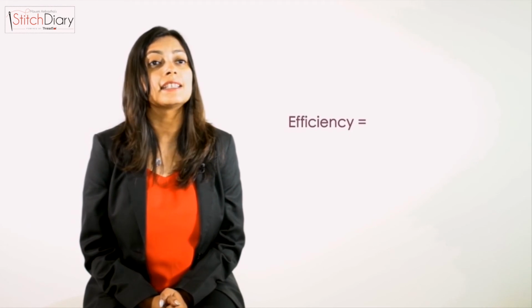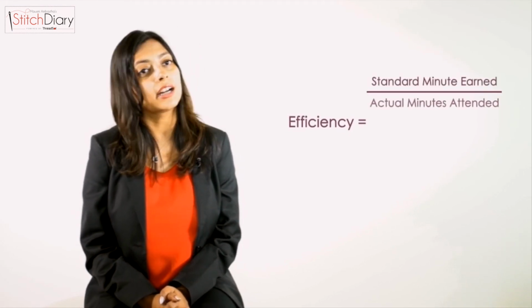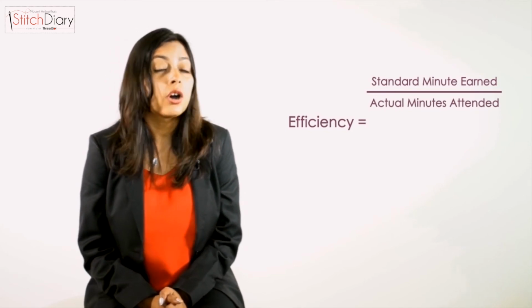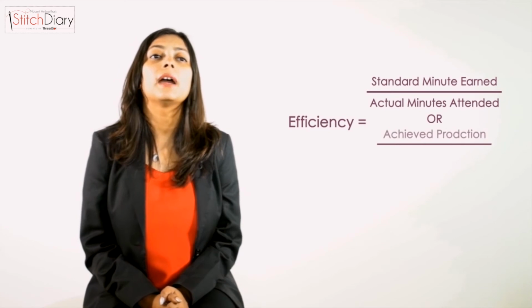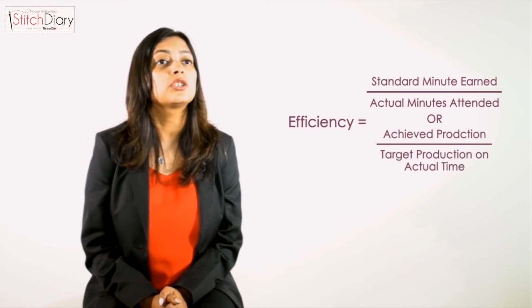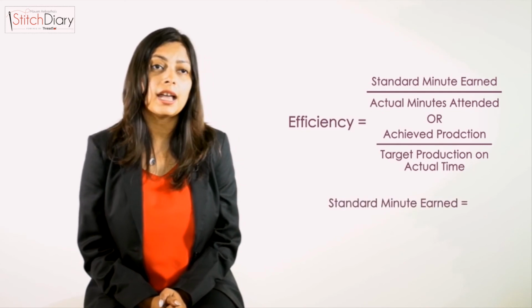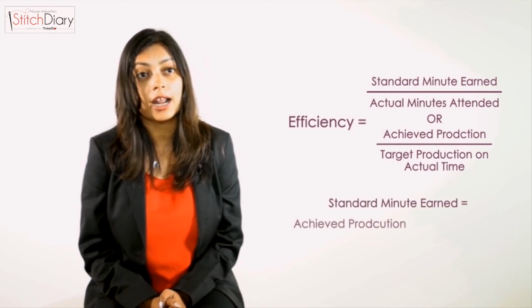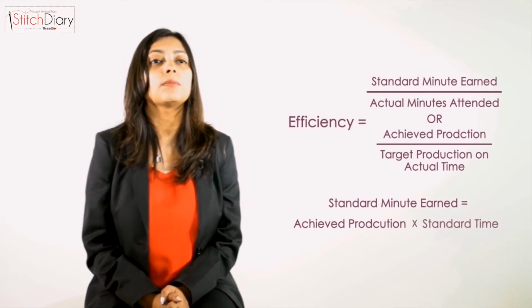So in formula terms, efficiency is defined as standard minutes earned divided by actual minutes attended on the production floor, or in a simpler way, number of pieces produced divided by the target number of pieces that should have been produced. Standard minutes earned can be defined as achieved production or actual pieces produced multiplied by standard minute for production of each garment.